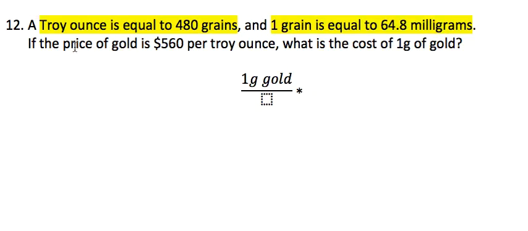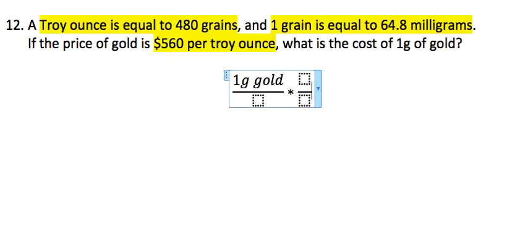There's another. Price of gold is $560 per troy ounce. There's a third. Those are all conversion factors for me. And what I'm looking for is anything that is closest to a gram of gold or something that can help me get from grams to money. So the first thing I see is milligrams. Milligrams in a gram, now that's a conversion I know how to do.